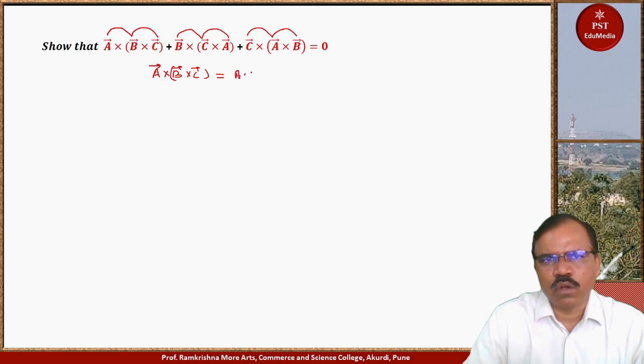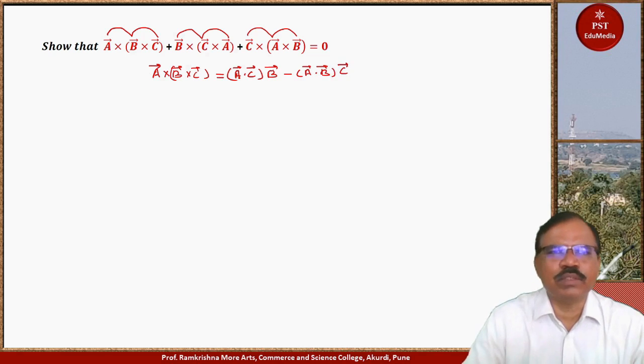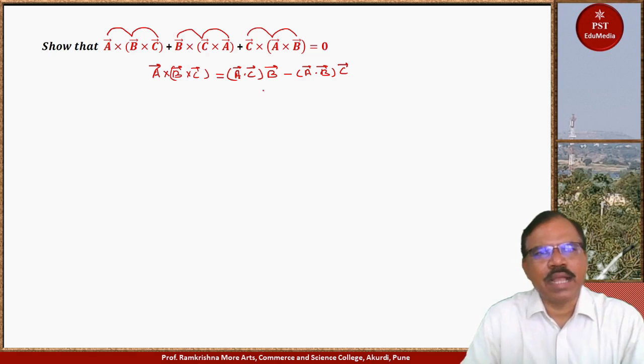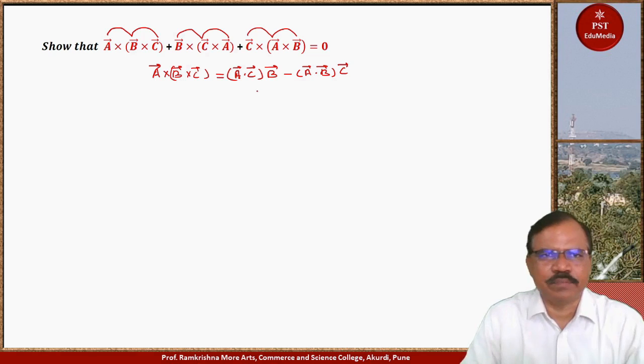A dot C multiplied by B minus A dot B multiplied by C. Just as we have seen. So the dot product of A with C multiplied by B, minus the dot product of A with B multiplied by C.